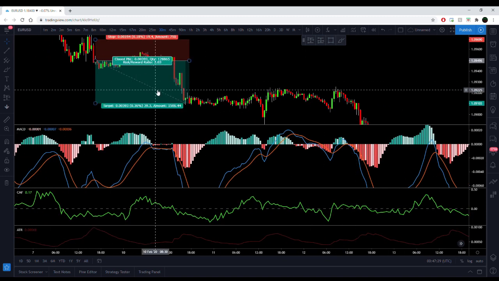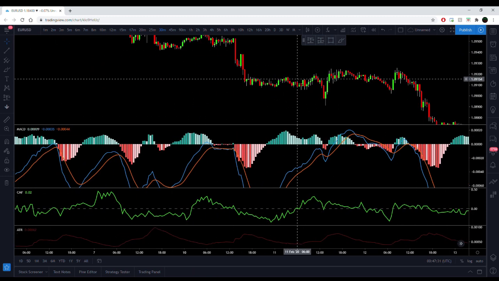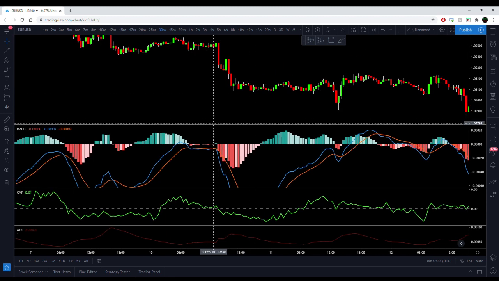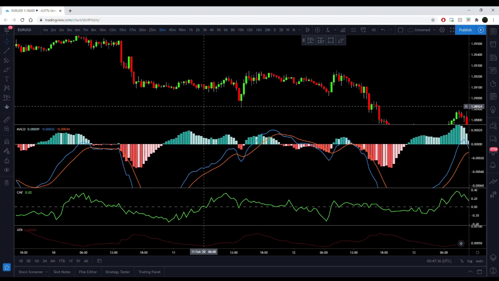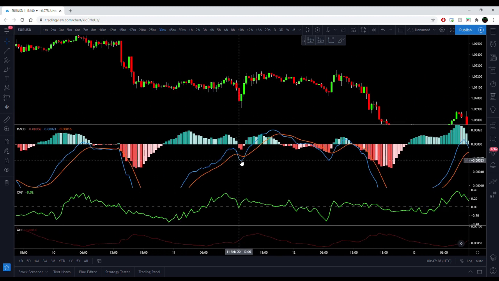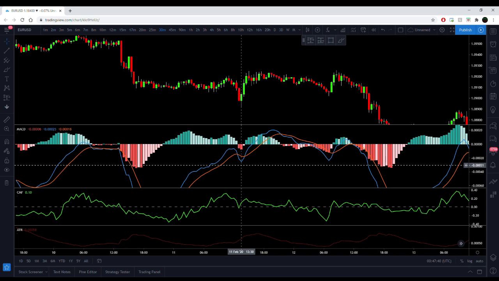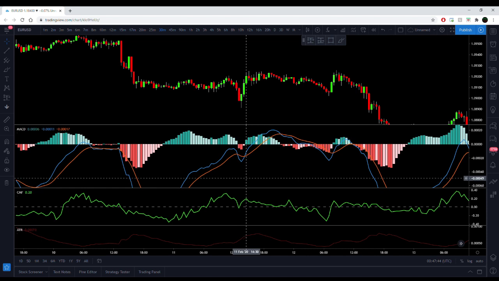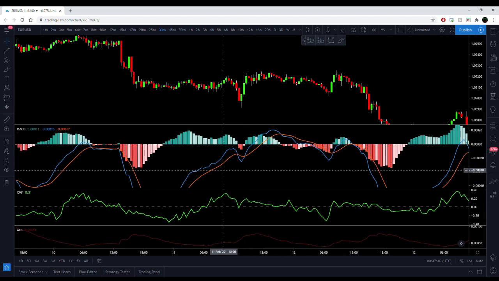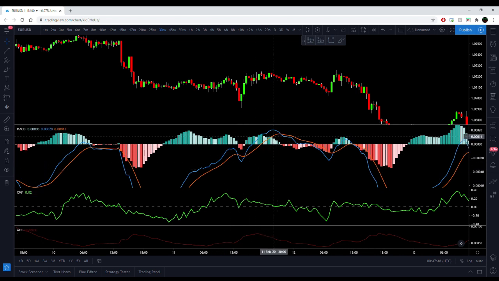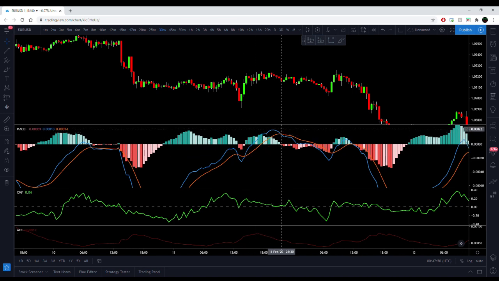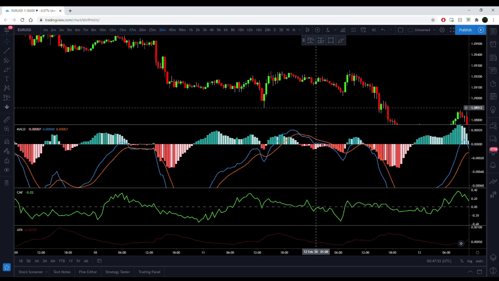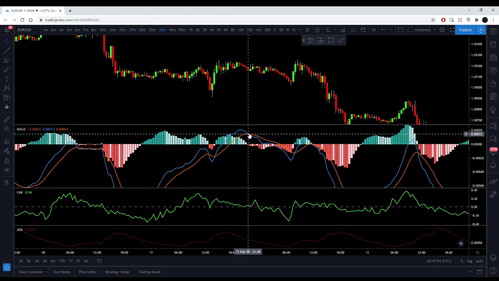So in a strong downtrend like this, you're going to be able to capture the best of this, and you get signals all the way down here, each cross down. But then you have to stop taking signals for shorts because the signal line and the MACD line have crossed back above the zero line of the histogram. So now you would actually be looking for longs.